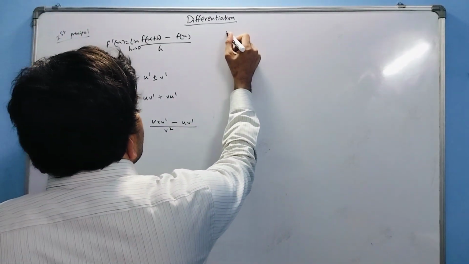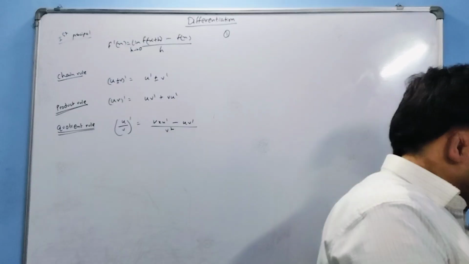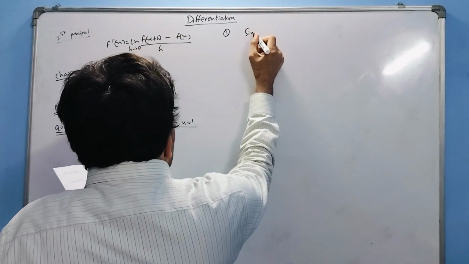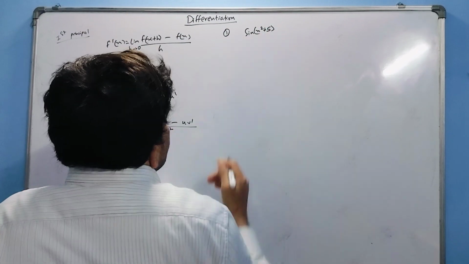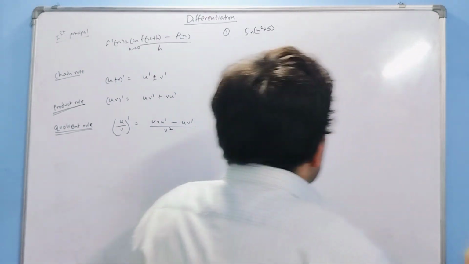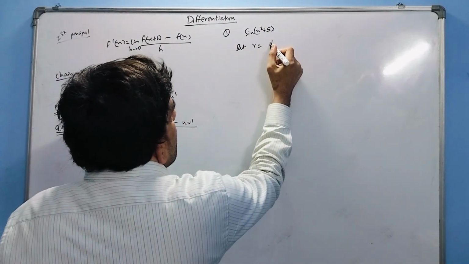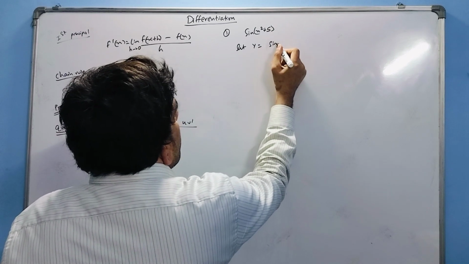We have the first question here, and the question says we need to differentiate sin of x square plus 5. So how will I differentiate? Let us see. Let y be equal to the given function.